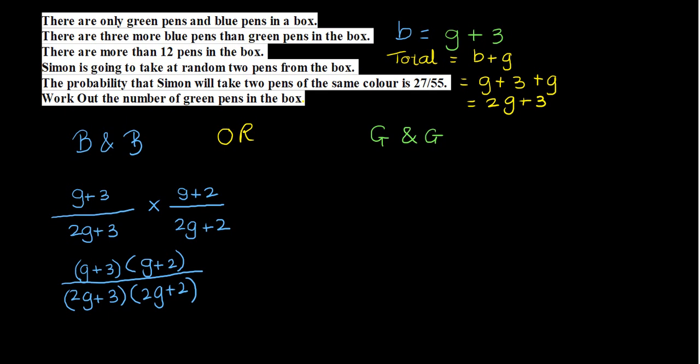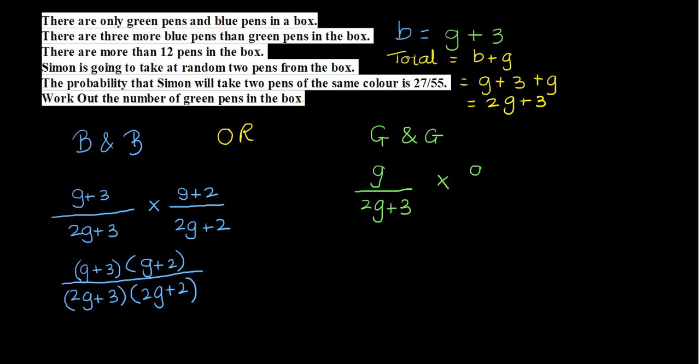Okay, so the green and green. Initially you had G green pens out of 2G plus 3 pens. Now once the first green pen was selected, the probability of the second one being green: you had G green pens in the box, now you've got one less because you selected one already.